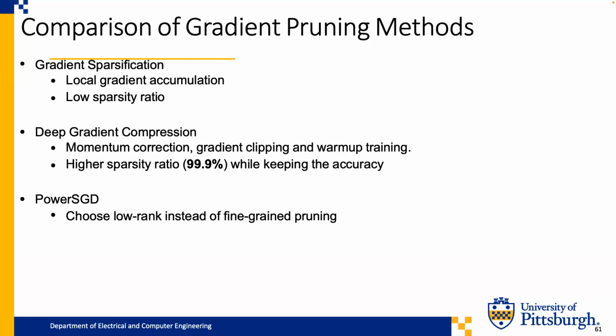Comparison of gradient pruning methods. The gradient sparsification. And then we talked about DGC, which has momentum correction, gradient clipping, and warming up the training as well as the sparsification. We also talked about DGC, where when you do more rounds, you make the gradient dense again, so we can have some more optimizations.